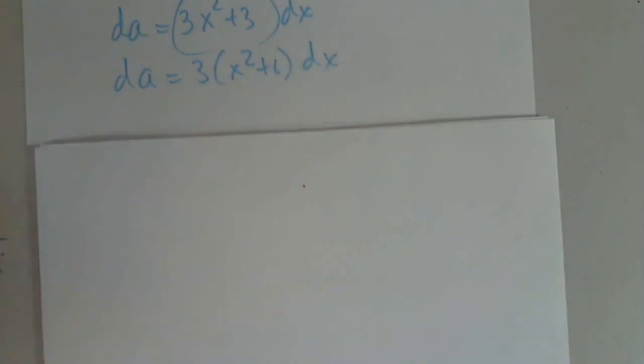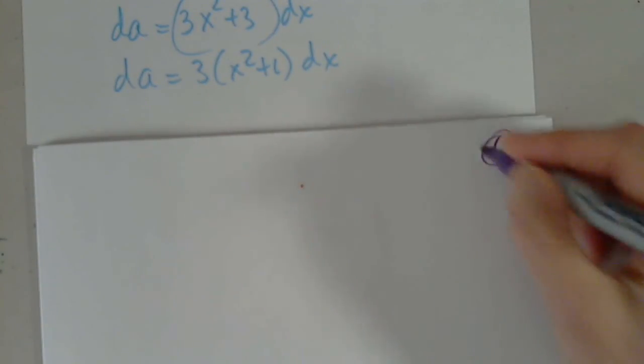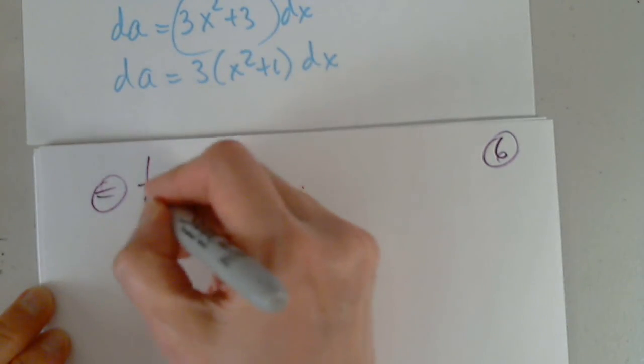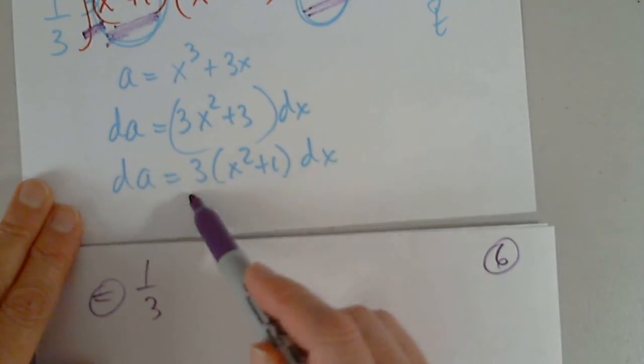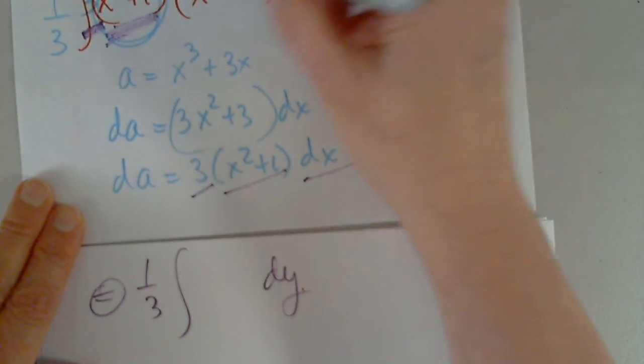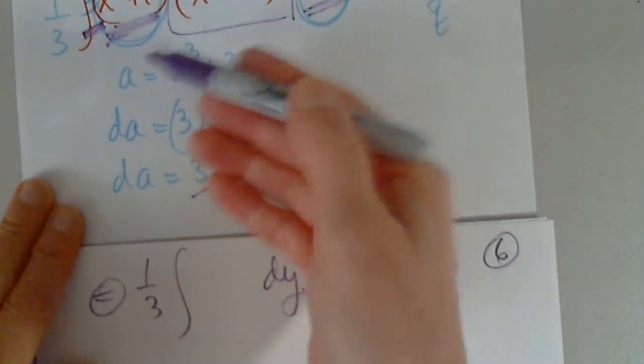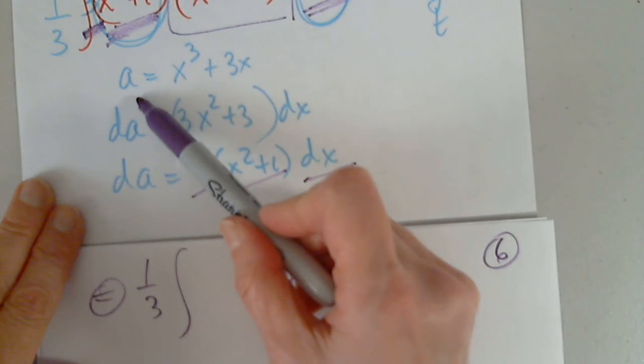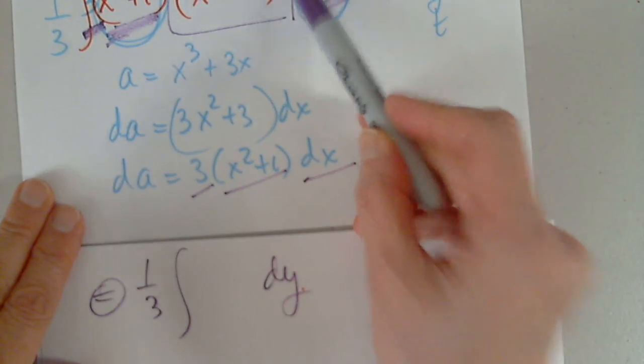So from here, we have 1/3 in front, one more time, 3, x squared plus 1, and dx, they're all inside dA. And this is very nice now. That's the only part that I didn't account for yet. It's a to the fourth power.